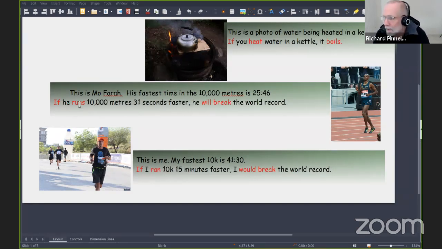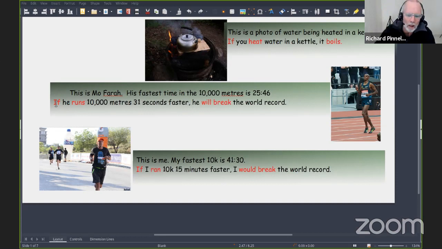If he runs 10,000 meters 31 seconds faster, he will break the world record. So this is an example of the first conditional.